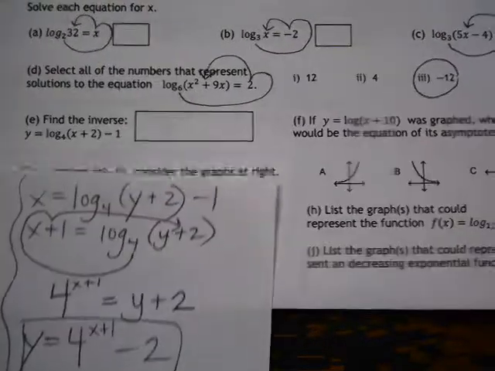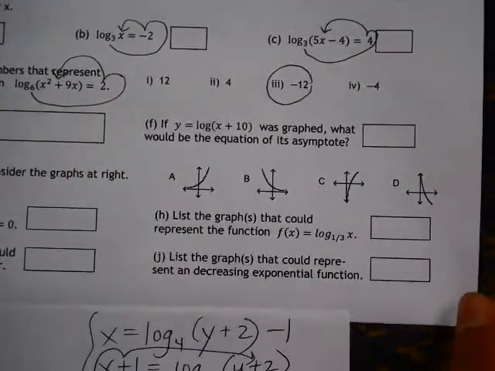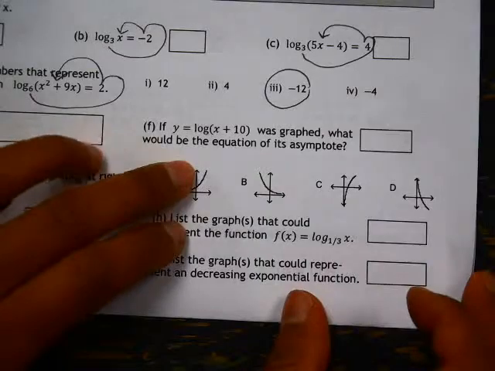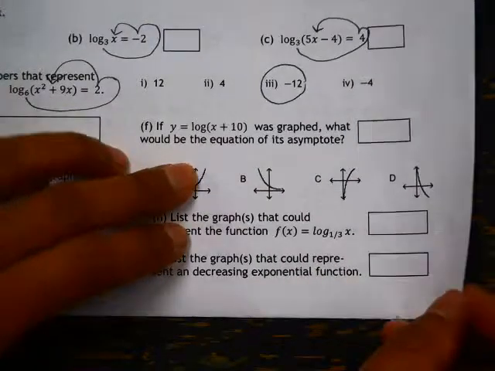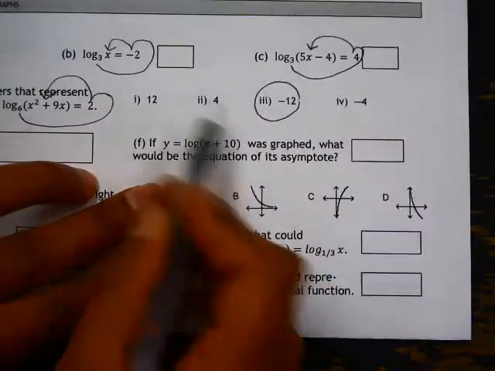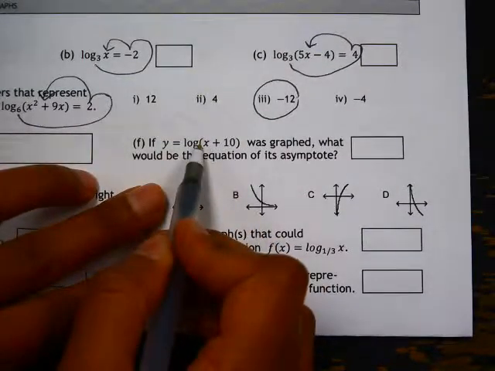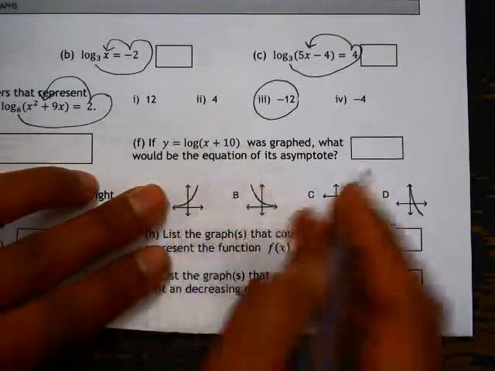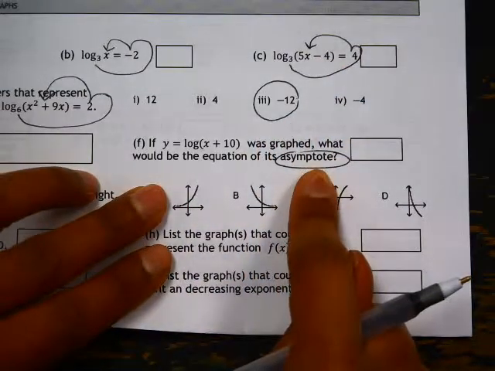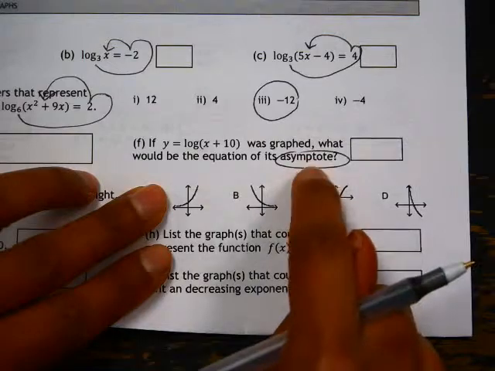Let's look at the next few questions, which are referring to graphs of logs. So if log of x plus 10 was graphed, what would be the equation of its asymptote? So rather than having to figure out what the graph of this actually looks like, algebraically we know that an asymptote is where the graph is approaching but never actually going to hit or equal.